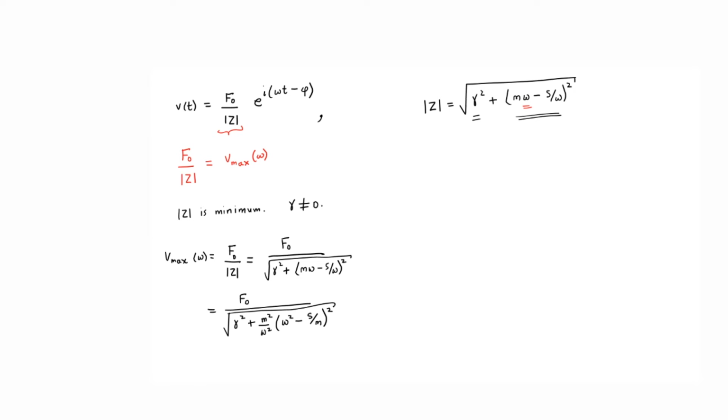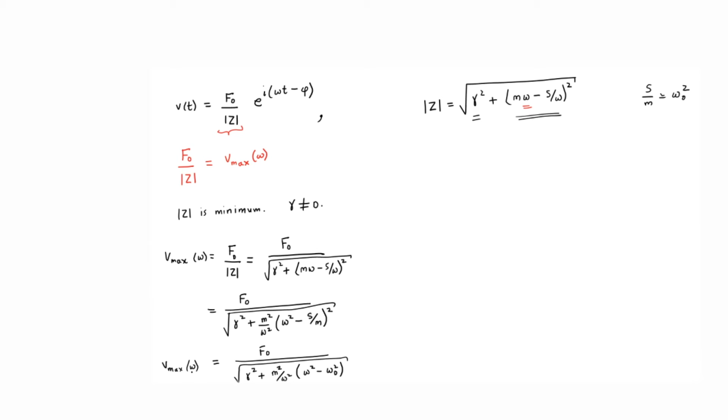And if you remember, s by m is our omega 0 square, or what we call the natural frequency of the system in the absence of dissipation, in the absence of forcing. Then I will just change the notation, in which case this expression would become f 0 by square root of gamma square plus m square by omega square into omega square minus omega 0 square. So, this is V max and it is a function of omega.